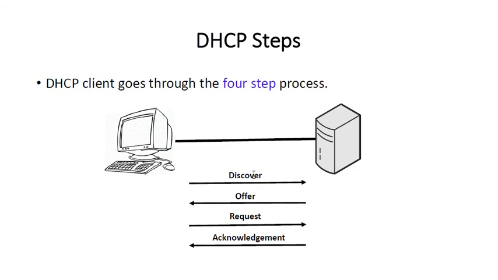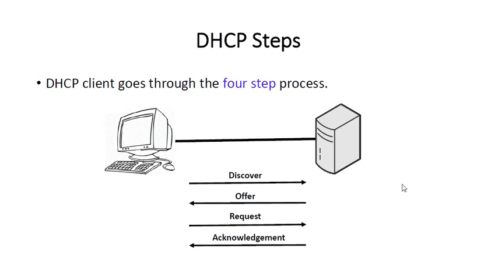Finally, the DHCP server approves the lease with the DHCP acknowledgement. So that is the final acknowledgement packet being sent from that particular server, which was the first server over which the offer was received, back to the client.